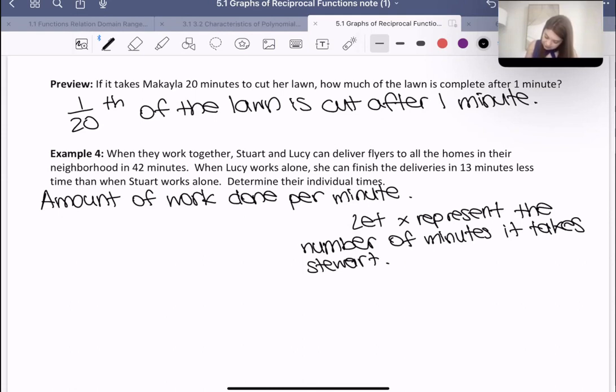We don't actually have to do separate variables for these because Lucy would just be x minus 13, right? It says when Lucy works alone, she can finish in 13 minutes less. So she's 13 minutes faster. So if we know Stuart's individual time, all we need to do is subtract 13 from it and we will get Lucy's time.